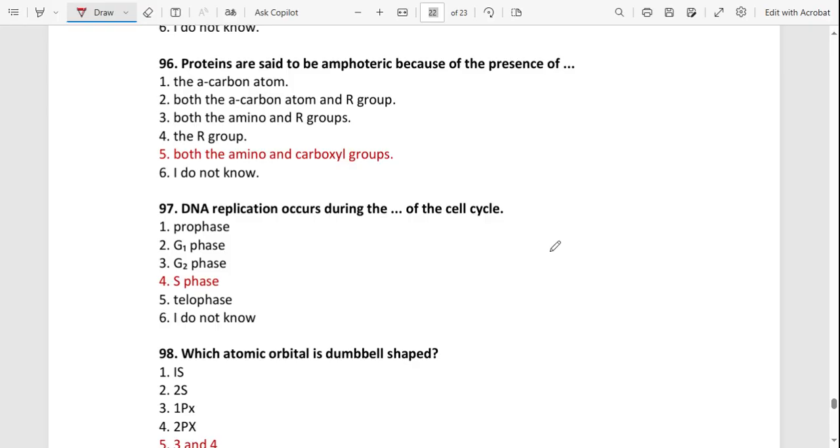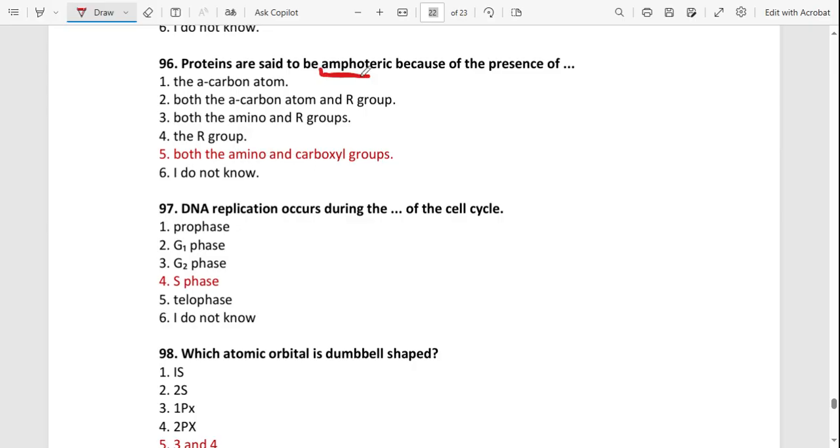Proteins are said to be amphoteric because of the presence of both amino and carboxyl groups. So amphoteric means both hydrophilic and hydrophobic. Okay. And this, sorry, not hydrophilic and hydrophobic, but both acidic and basic.